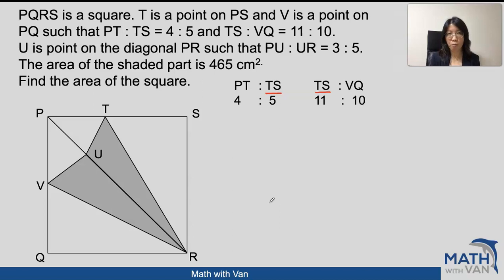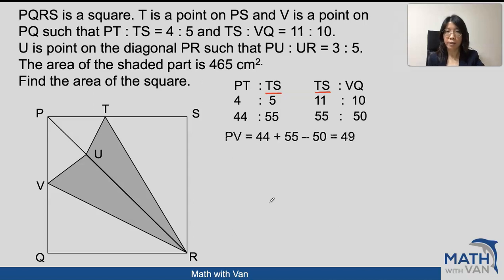Since both are representing TS, they should be made into the same multiple. So 5 and 11, the lowest common multiple is 55. So I will change the ratio into 44 is to 55 and 55 is to 50.